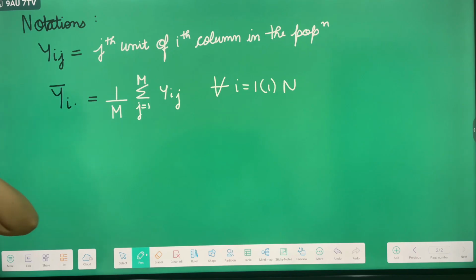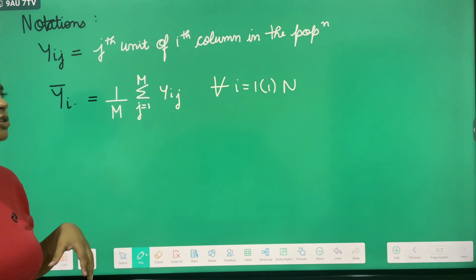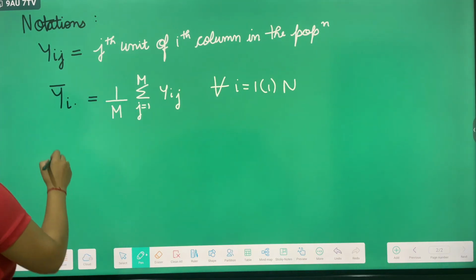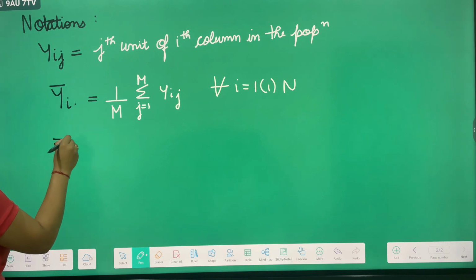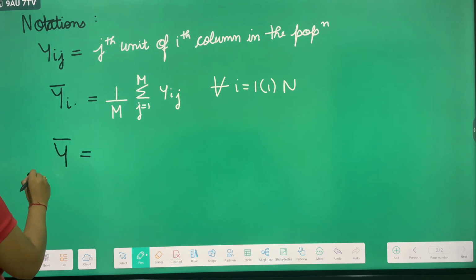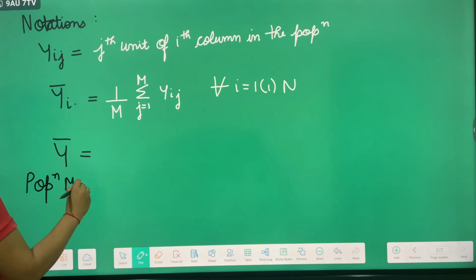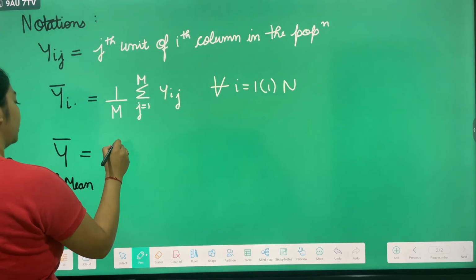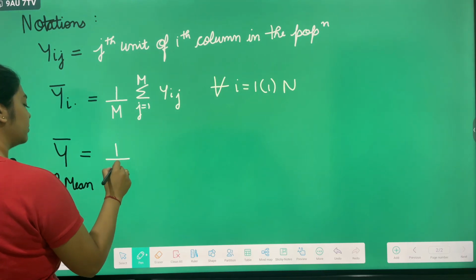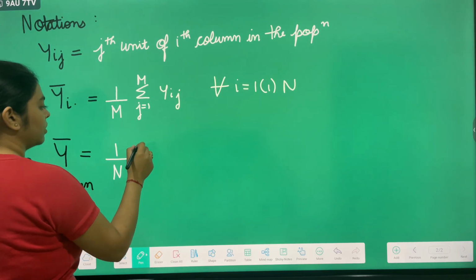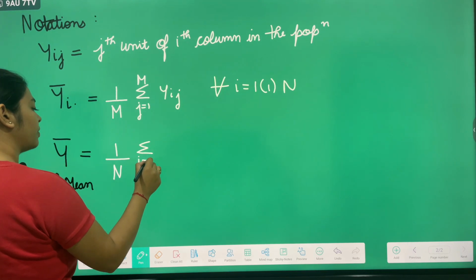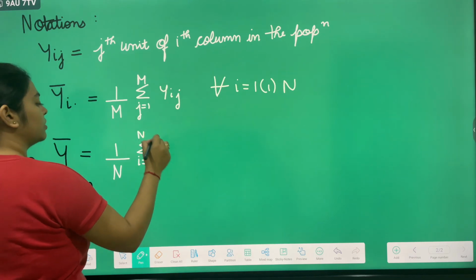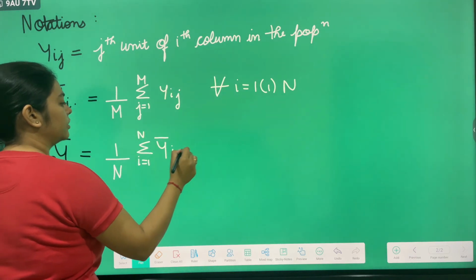You can take k and n as you wish, but I have changed the notations here. So the population mean, y bar, is nothing but 1 upon n summation i goes from 1 to n y bar i dot.